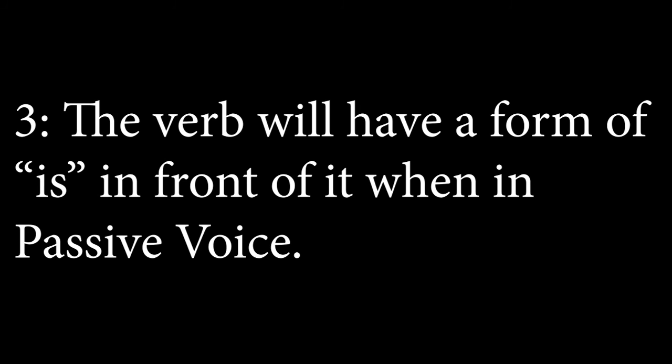Another way that you can check for passive voice is to look for the word is or was or any variation of those two before your verb. So let's continue with our previous examples of throwing and eating. No matter how you conjugate the verbs throw and eat, if you see a version of the word is in front of it, then that means that verb is in passive voice.